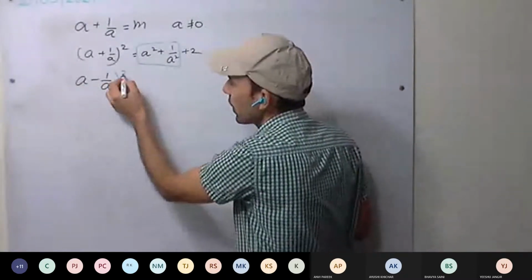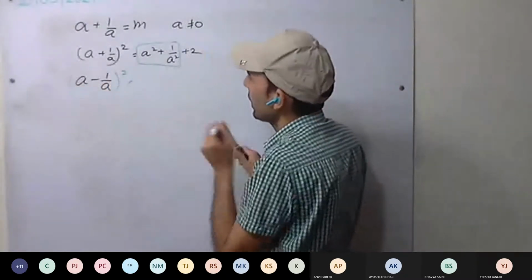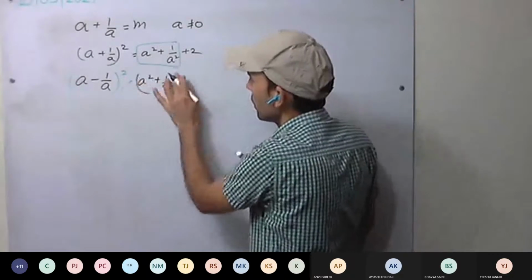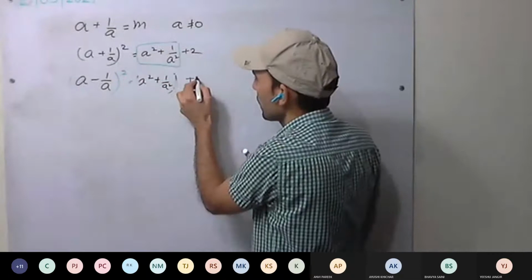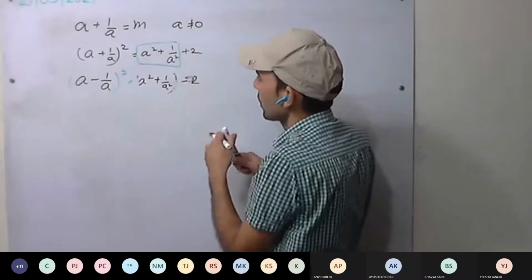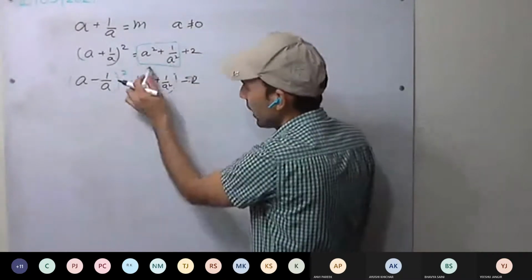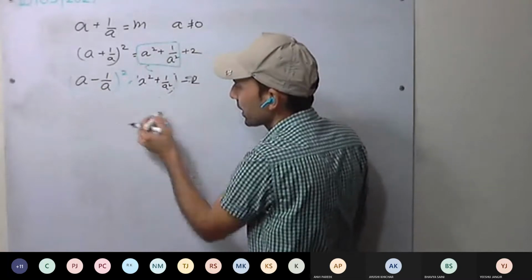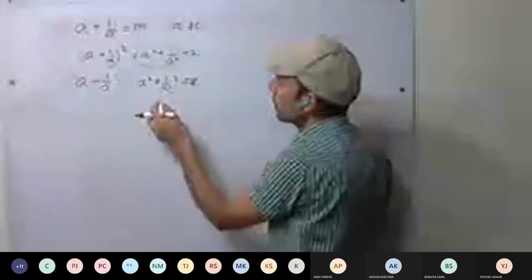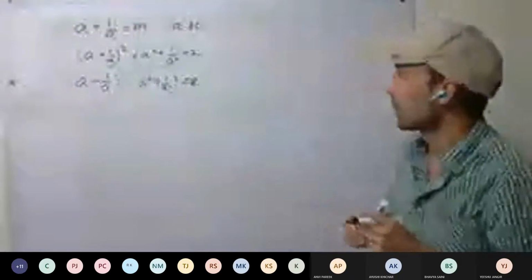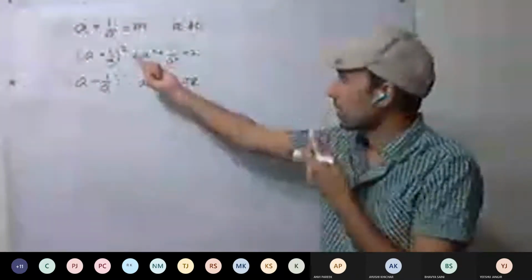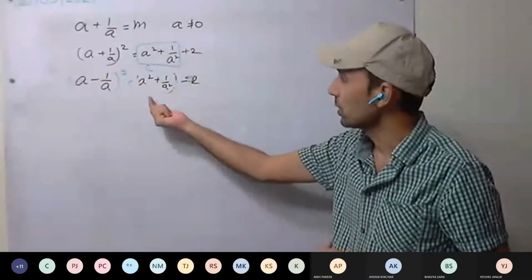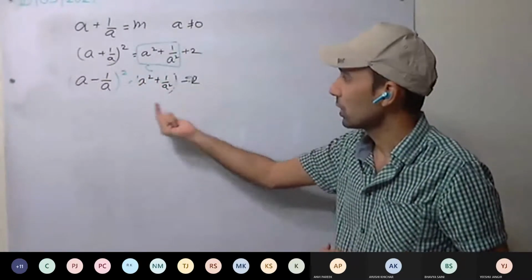Okay. Then its square, and that value you will put here, plus or minus 2. From here you get its value, and you will put its value here. Okay, and take the root, so plus minus root of m square minus 2 minus 4.